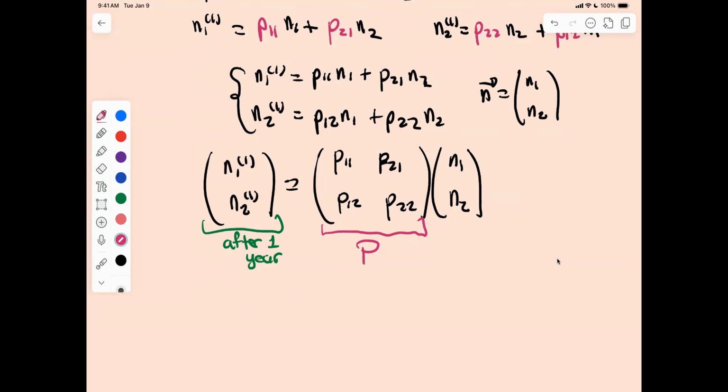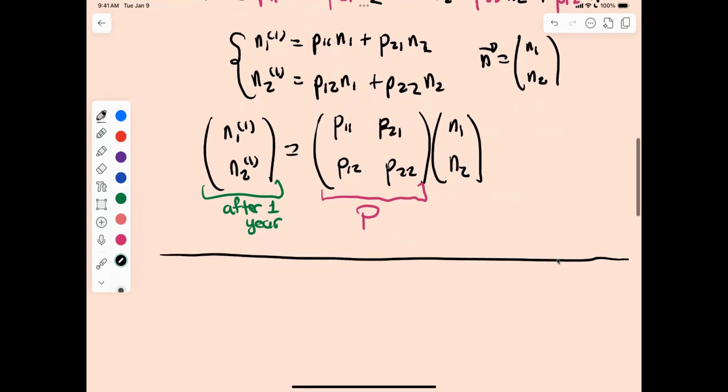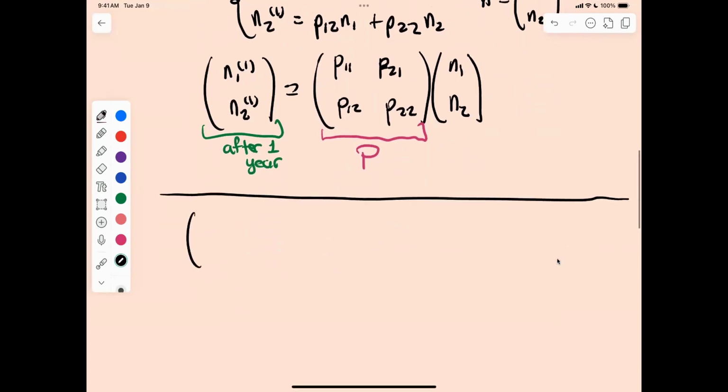Is that okay so far? Once you have it in this elegant matrix notation, everything works exactly the same as before. So by the end of 2 years, what should be the populations? That is what we call n12 and n22. The idea is that it's essentially the same formula, but you use the input from year one, the populations from year one.